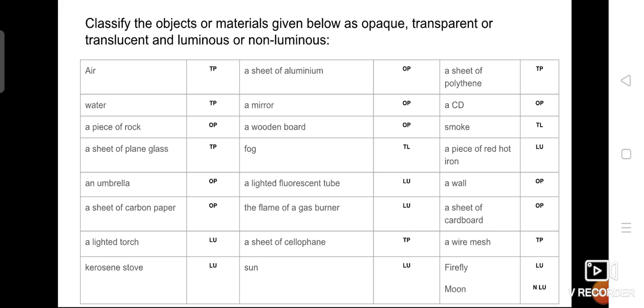A sheet of aluminum. In most of the hotels, whatever you get in parcel, they are now using aluminum sheets, aluminum foils, isn't it? So is aluminum foil transparent, translucent or opaque? It is an opaque object. What about a mirror?